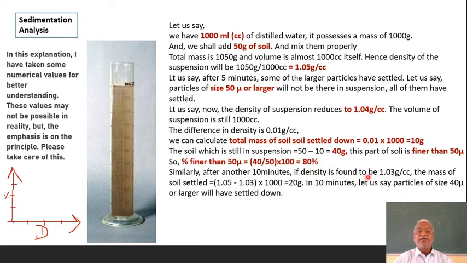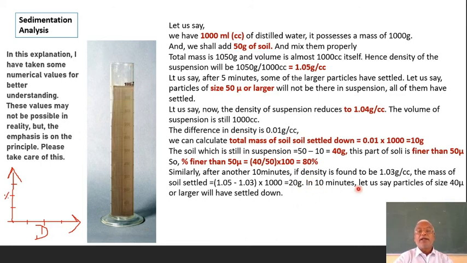Using the hydrometer, if the density is found to be 1.03 grams per cc, the mass of soil settled will be 1.05 minus 1.03 multiplied by 1000, so 20 grams in addition has settled down.